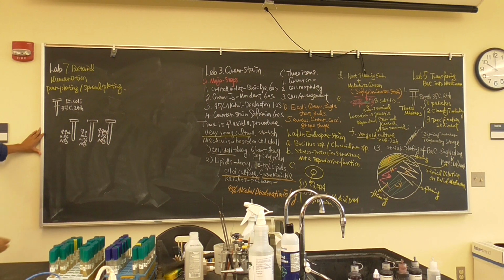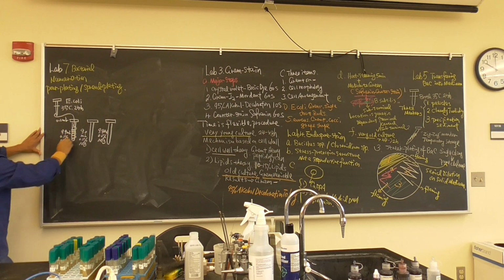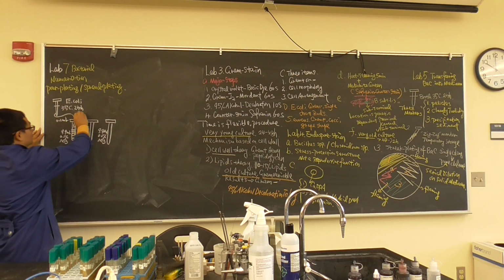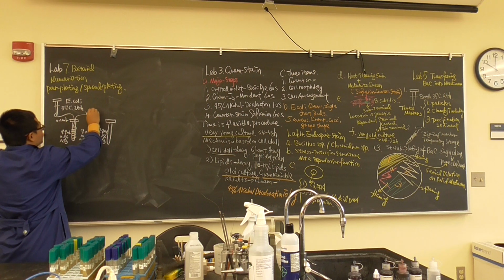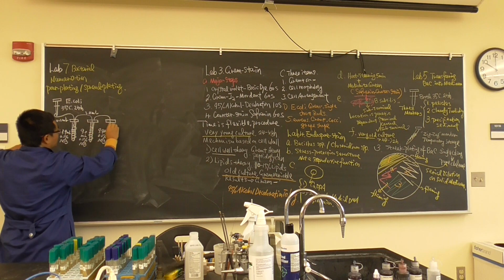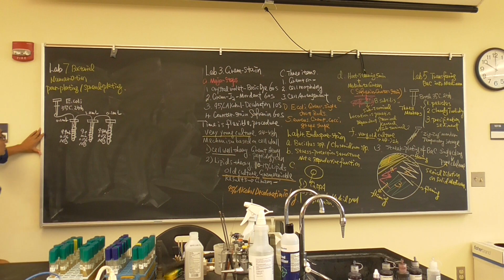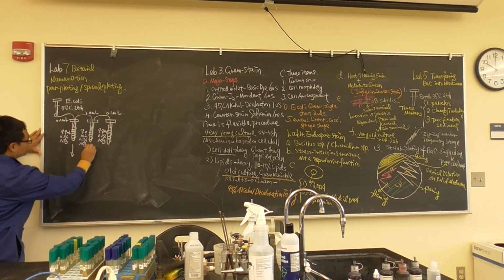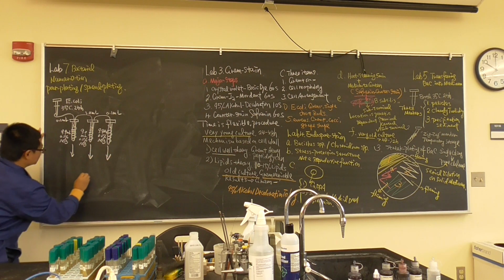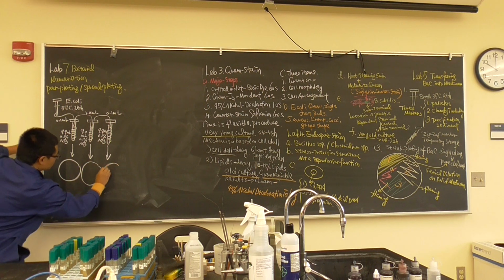So how did I do the dilution? I'm adding 0.1 ml to the first one. We mix it very well. Then I'm adding 1.0 ml to the second tube, mix very well. Then for the last one, I'm adding 0.1 ml, mix very well. And finally, I'm going to add them into the agar plates. Agar plate number 1, number 2, and number 3.